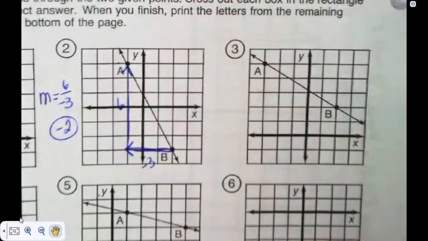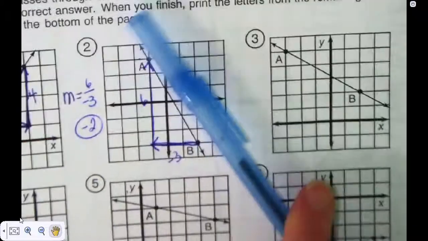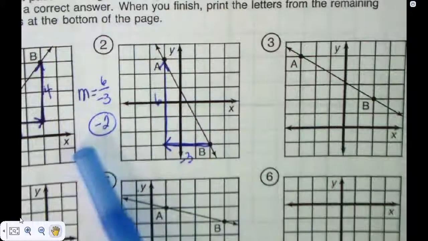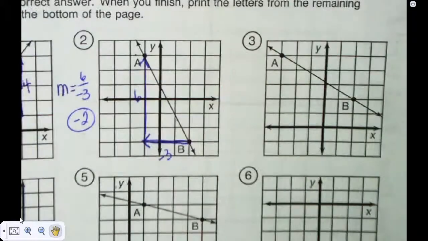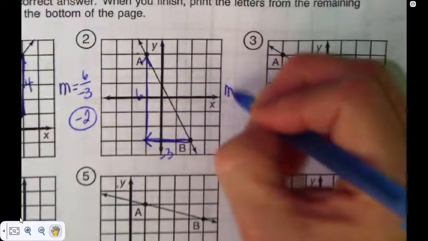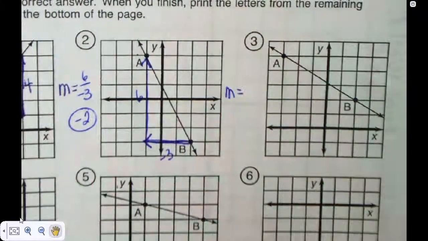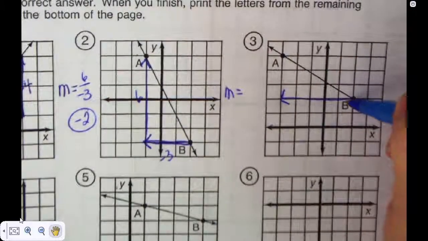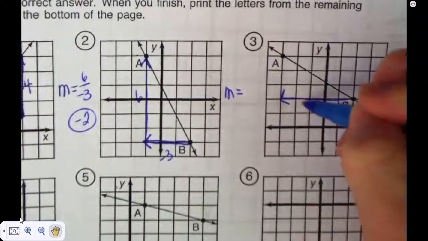Number 3, and look, on your table, on those little cards, remember that's a negative slope. We got a negative. Good. Number 3, negative slope. We're going to get a negative, aren't we? So we're going B. We're going over. And look, guys, 1, 2, 3, 4, 5.